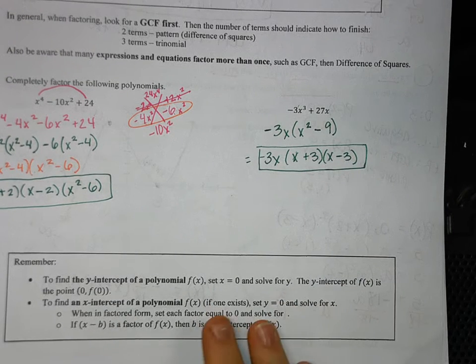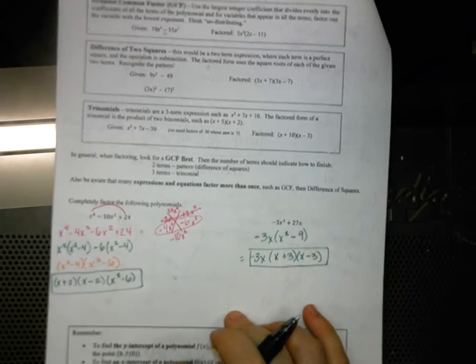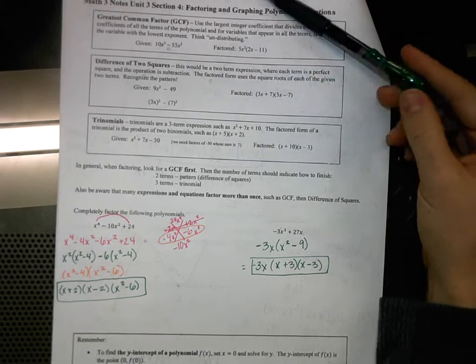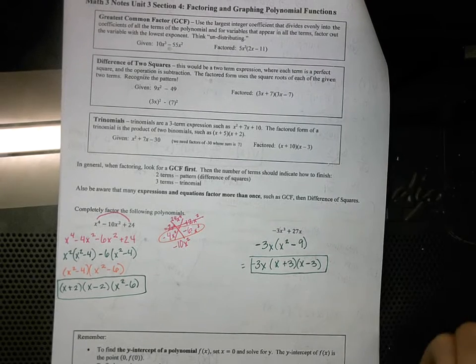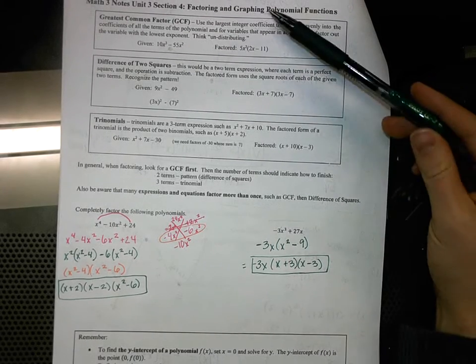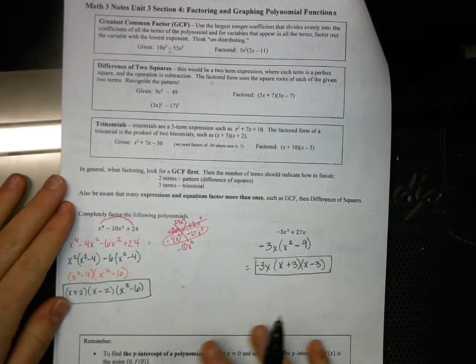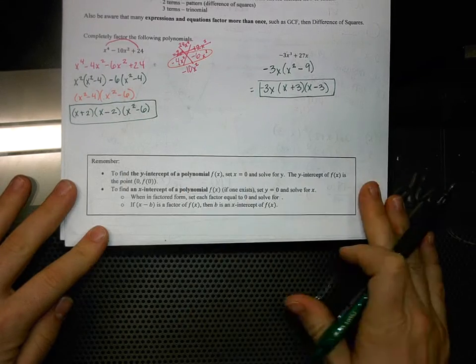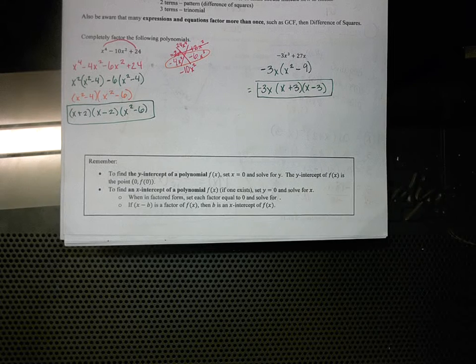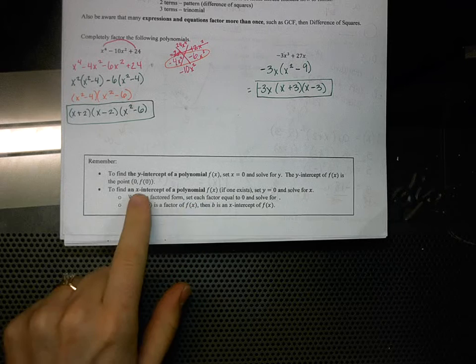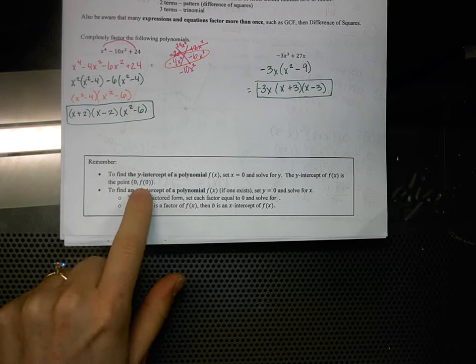Okay, remember, all of this page has a bunch of reminders on it. So if you are forgetting how to factor something, there are summaries at the top of each of your factoring types. Down at the bottom, it also says, remember, to find the y-intercept of a polynomial f of x, set x equal to 0 and solve for y. The y-intercept is the point 0, comma f of 0.